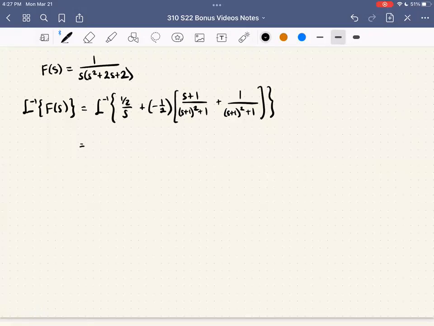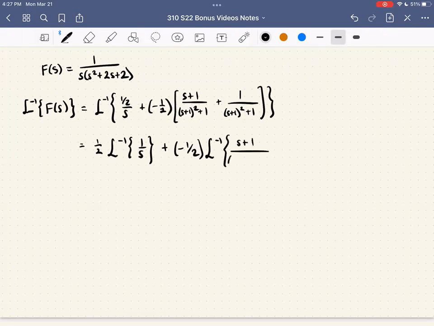So I have a half times the inverse Laplace transform of 1 over s, plus negative a half times the inverse Laplace transform of s plus 1 over s plus 1 squared plus 1, plus negative a half times the inverse Laplace transform of 1 over s plus 1 squared plus 1.